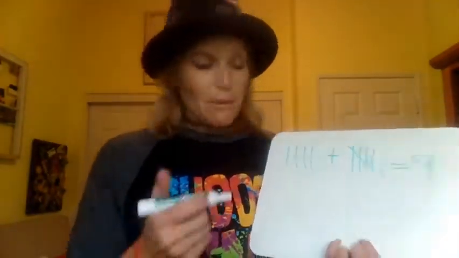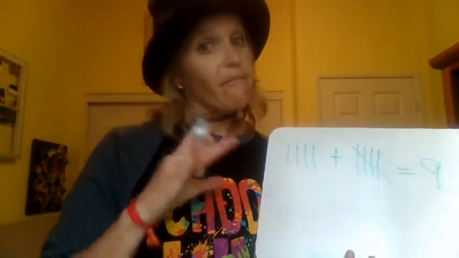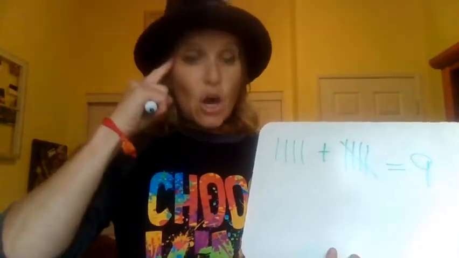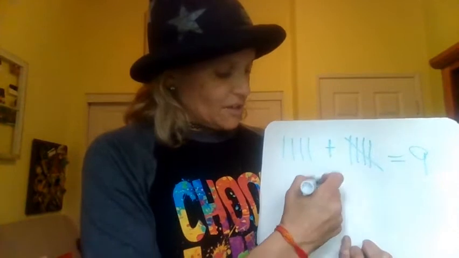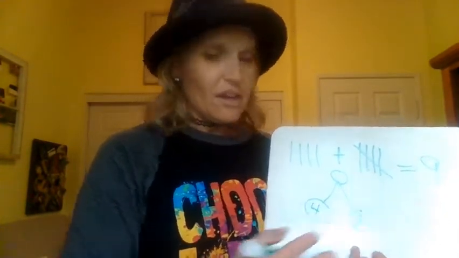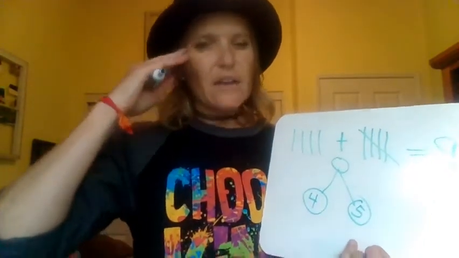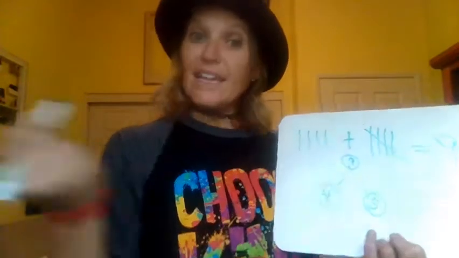Now, if I was doing a number bond, I would look back at those 2 big numbers that were in the problem, a 4 and a 5, and I know because I read the problem that I have to add them. So I've got my 2 numbers down here, a 4 and a 5. Okay. 9. Ding!